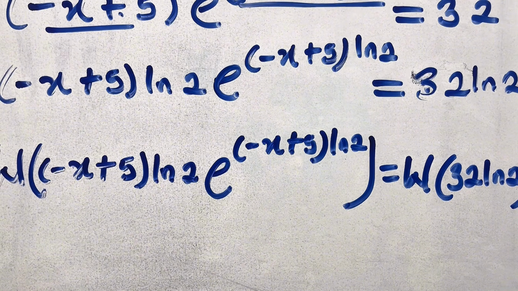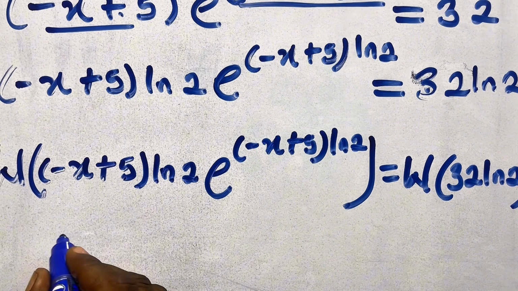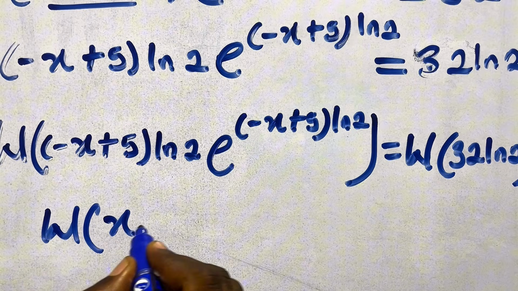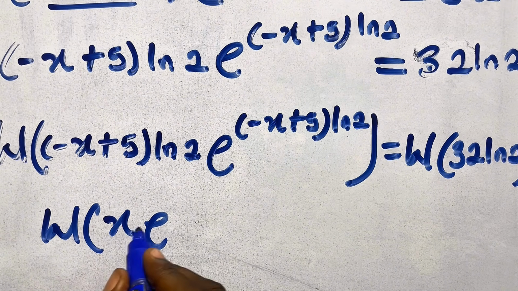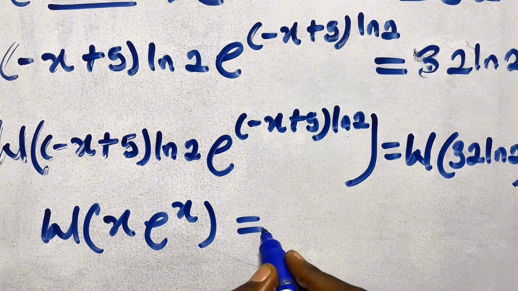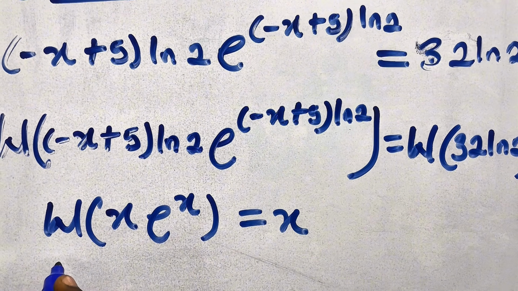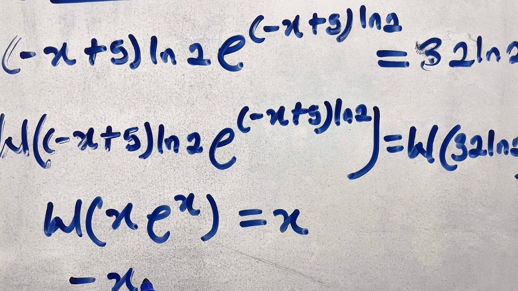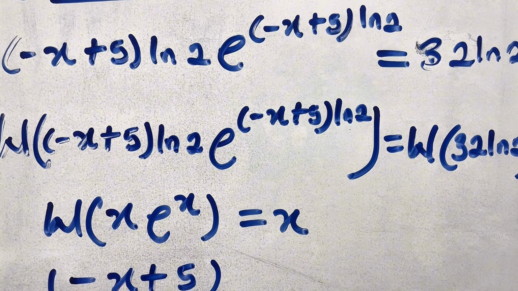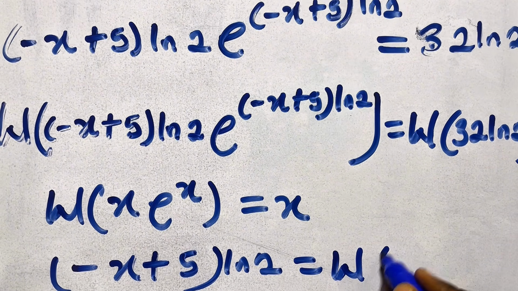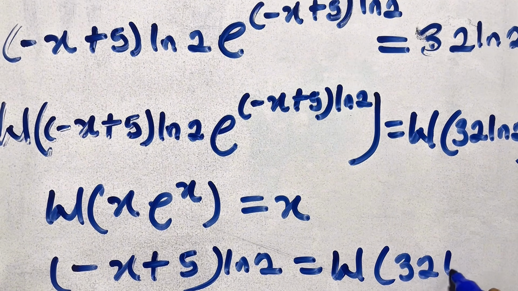Like I told you earlier, if you have the Lambert function of x exponential x, we will have the answer to be x. So the Lambert function of this will be minus x plus 5 ln 2, equals the Lambert function of 32 ln 2.